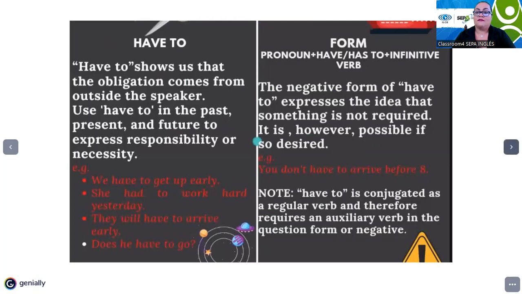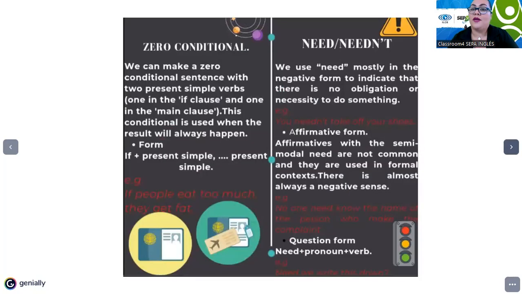And finally, the zero conditional is for actions that are reactions that normally occur, the result, the consequence of something. Needn't, we use a semi-modal, usually need, to indicate that there is no obligation to do something.